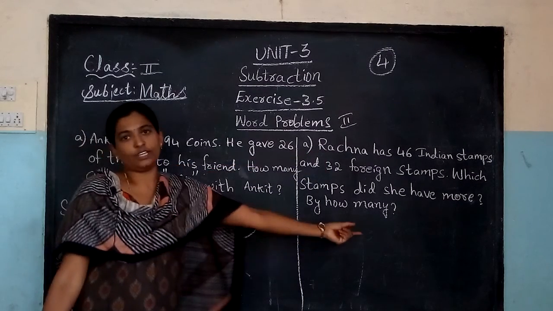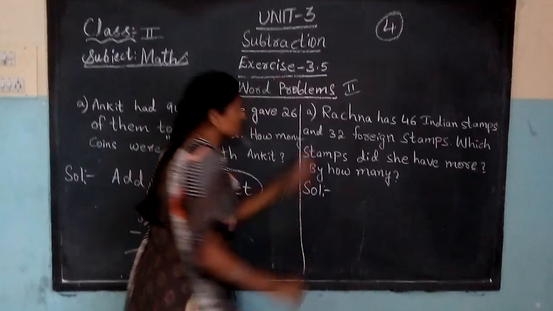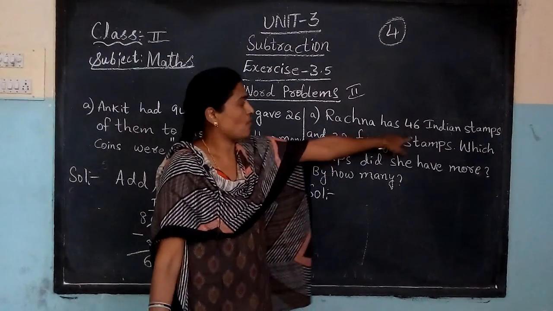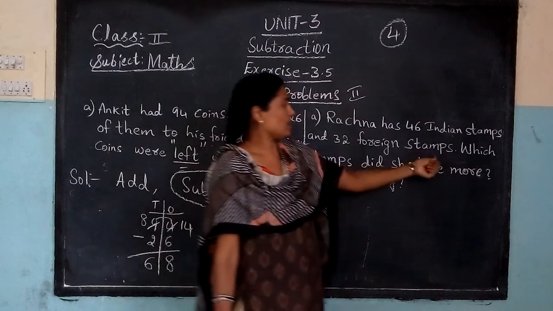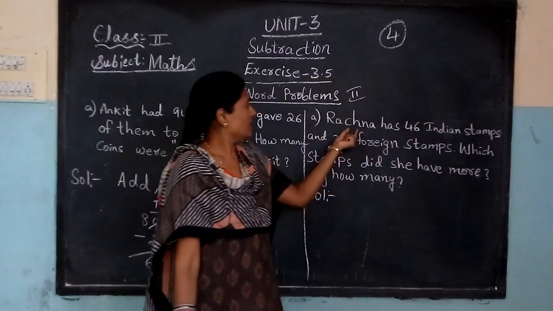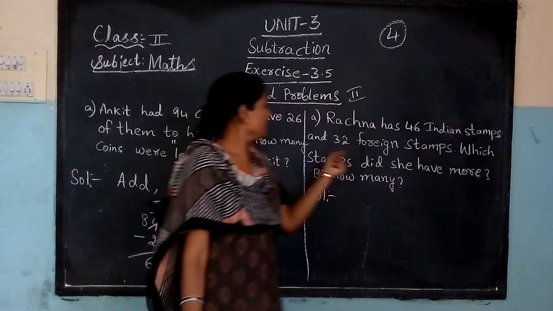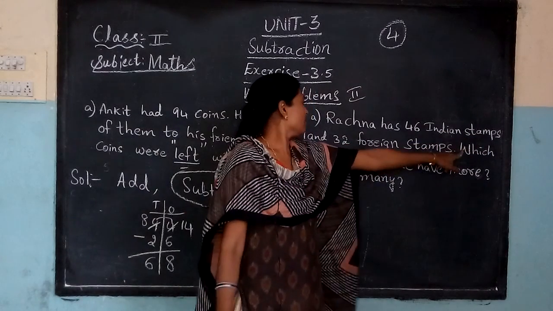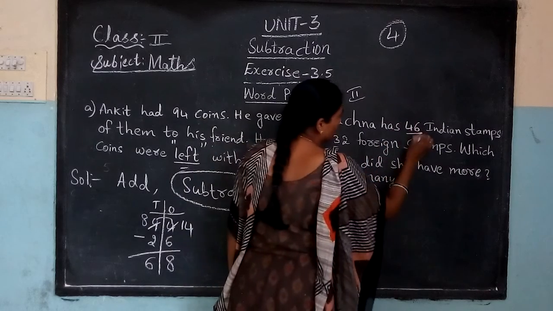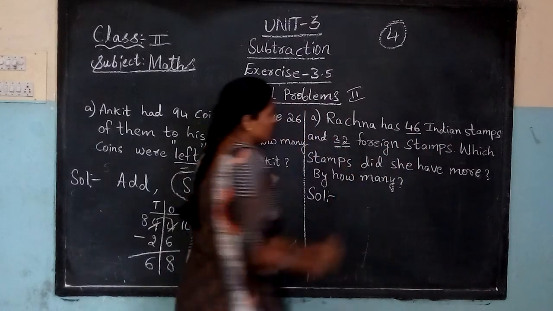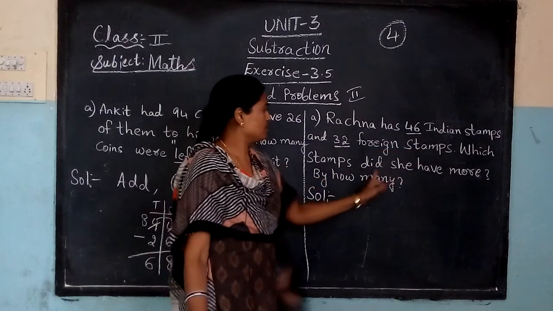We have to write the solution. Yes, Rancha has 46 Indian stamps and 32 foreign stamps. Who has Indian stamps? Rancha. 46 Indian stamps and 32 foreign stamps.